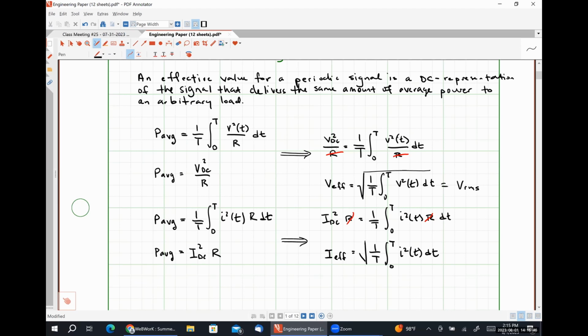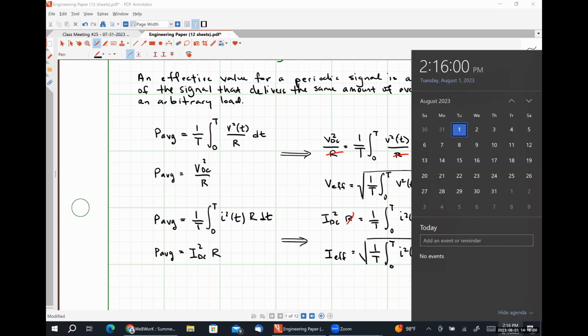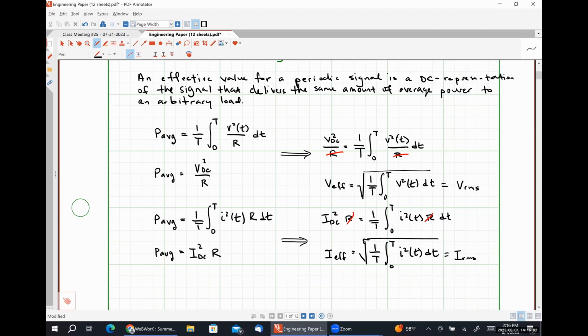So it's effectively the exact same relationship, but this time we're squaring the current. And this gives us the RMS value of a current.